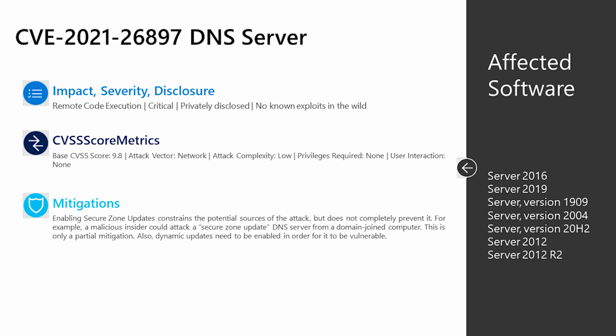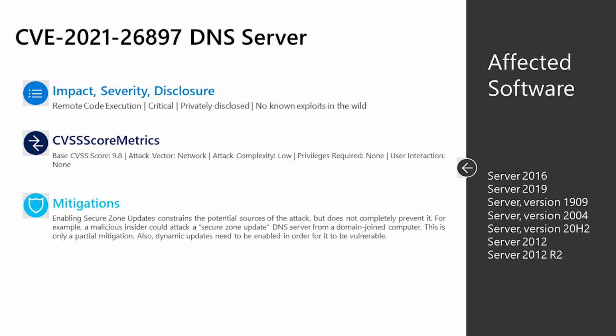So base score here 9.8 on a scale of 10. So that should be ringing alarm bells. If you have DNS, this alone should make you perk up and get those DNS servers updated as soon as possible. As we can see here, no privileges required and no user interaction. So it's real low attack complexity here.